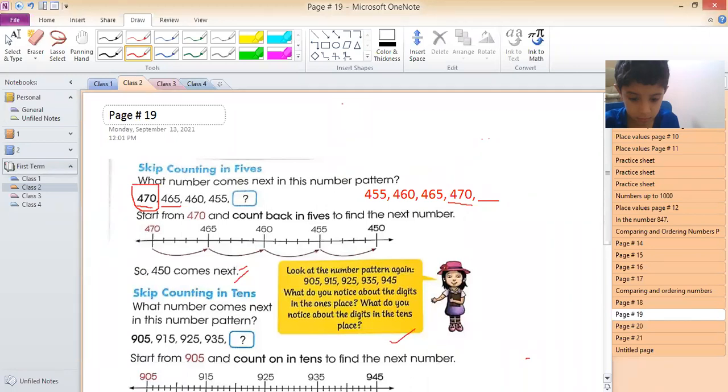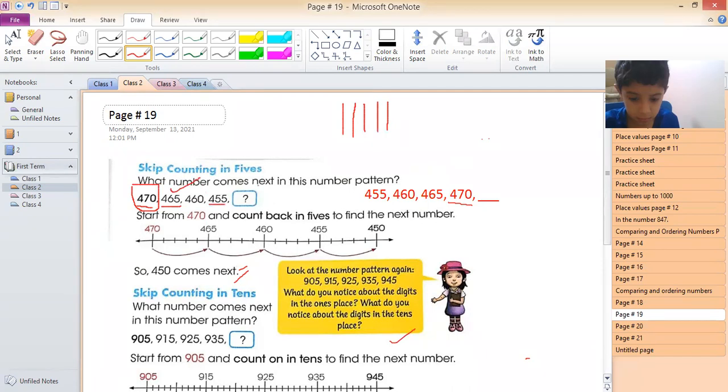What number comes before 70? 69, 469. Then 468, 67, 467, 66, 466, and 65, 465. 1, 2, 3, 4, 5. So I count back in fives and I found the next number.